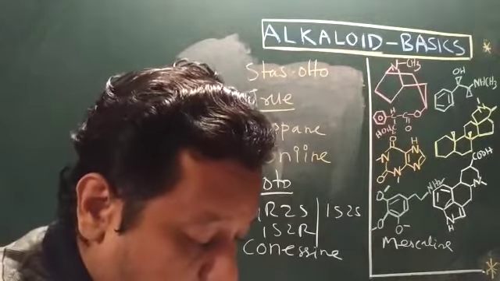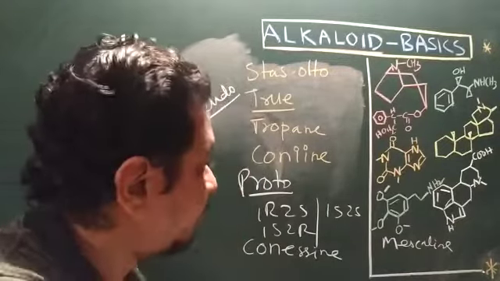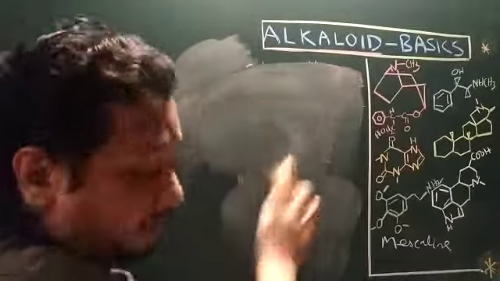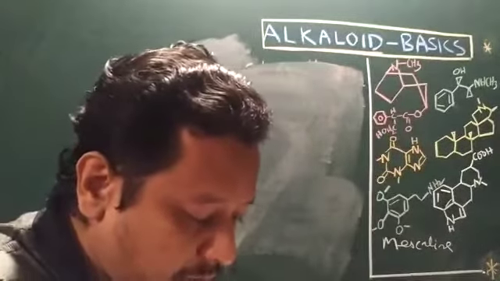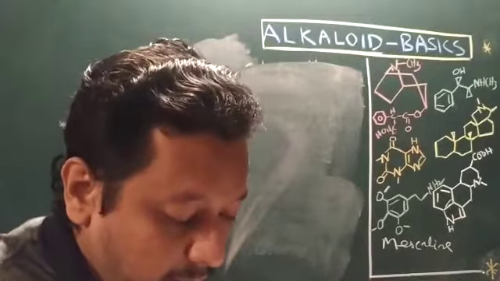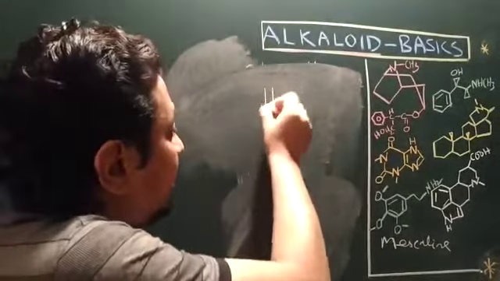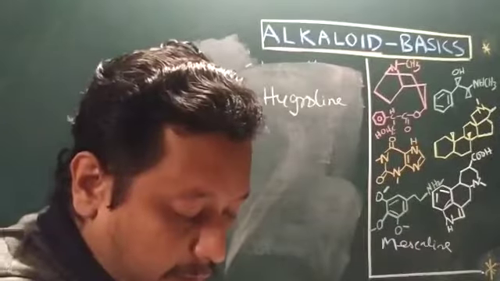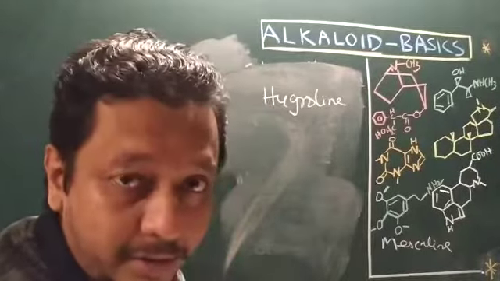Now, let us see the different types of biosynthetic pathways for the alkaloids. If you see pyrrolidine, that is hygrine for example, a pyrrolidine type of alkaloid, it comes from the amino acid ornithine.